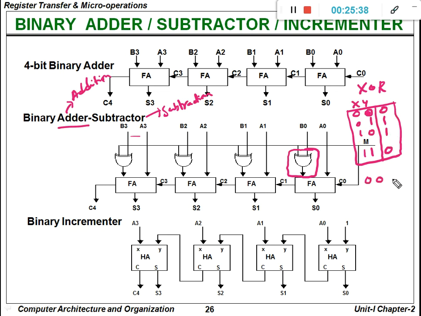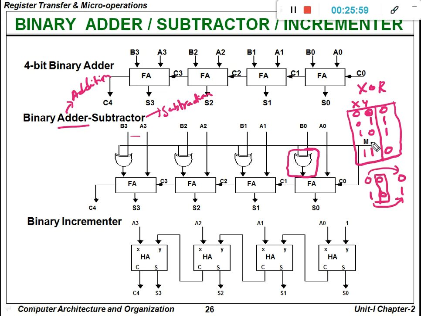So for 0 0 we are getting 0, and for 1 0 we are getting 1. So what does it mean? Whenever the input is 0, we are getting the same value.